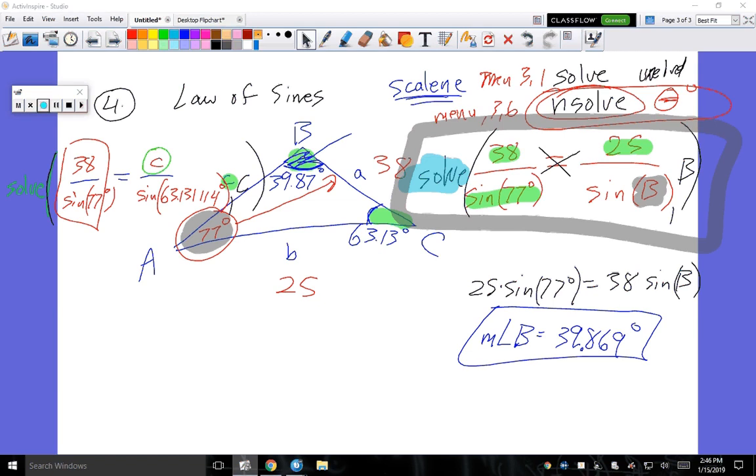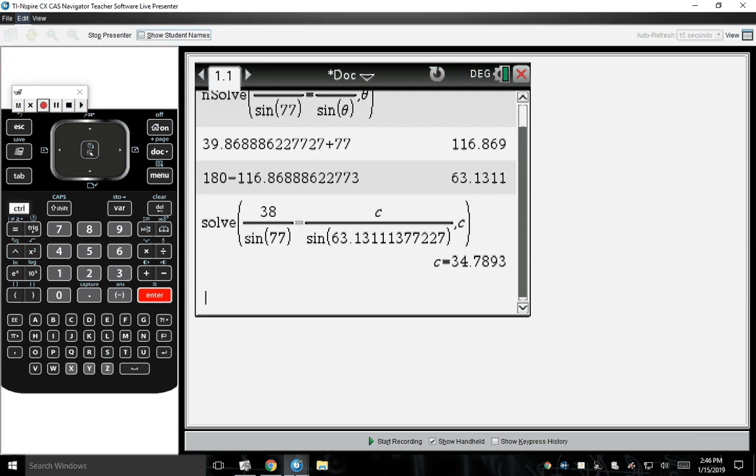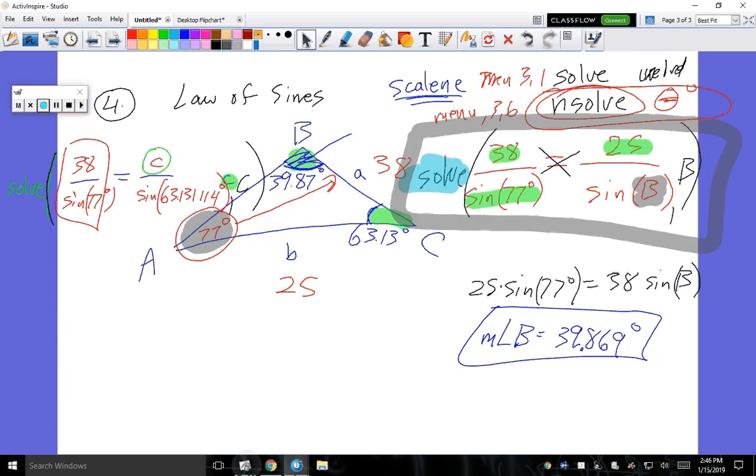We got 63 point all that mess. I can just go up there and watch this. Control C, go down, Control V to paste, just like on your keyboard. And then comma C. Your answer is going to be 34.79. Any questions? In feet, centimeters, units, whatever it is that they gave you. Are we good? Alright. So that one is good.